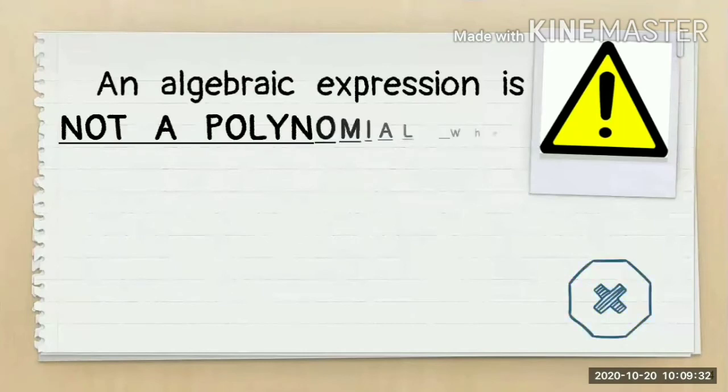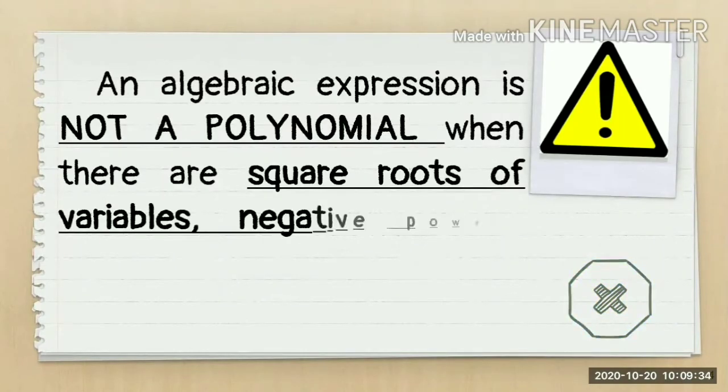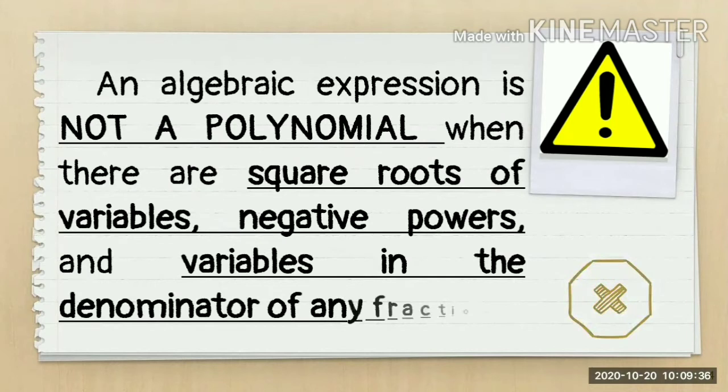So an algebraic expression is not a polynomial when there are, so ito yung mga cases kung saan ang isang algebraic expression ay hindi natin pwedeng sabihin na isang polynomial or polynomial function. So unang-una, if there are square roots of variables, so kapag nasa loob ng radical ang isang variable, automatic po na hindi polynomial yung algebraic expression.